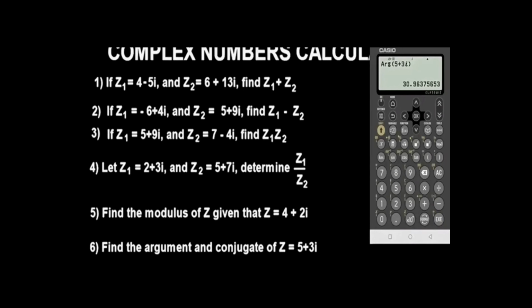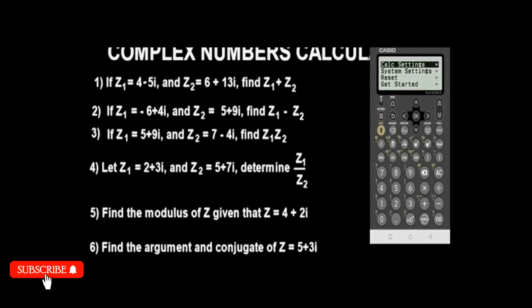There are some cases where they leave the answer in radian. So in such a situation, just switch the calculator to radian, see the answer in radian. Okay, so let me show you. If you want to see this answer in radian, you just press the setting button.